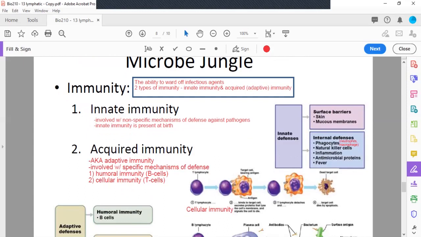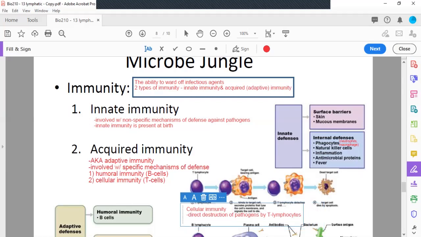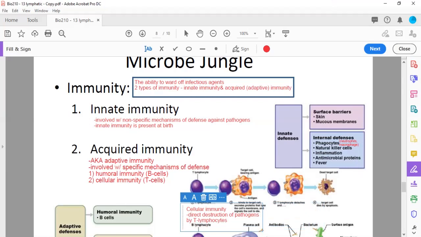So we can say the cellular immunity is a direct destruction of the pathogens by the T lymphocytes. The T lymphocytes will bind to the target cells, attack them, and cause them to die.